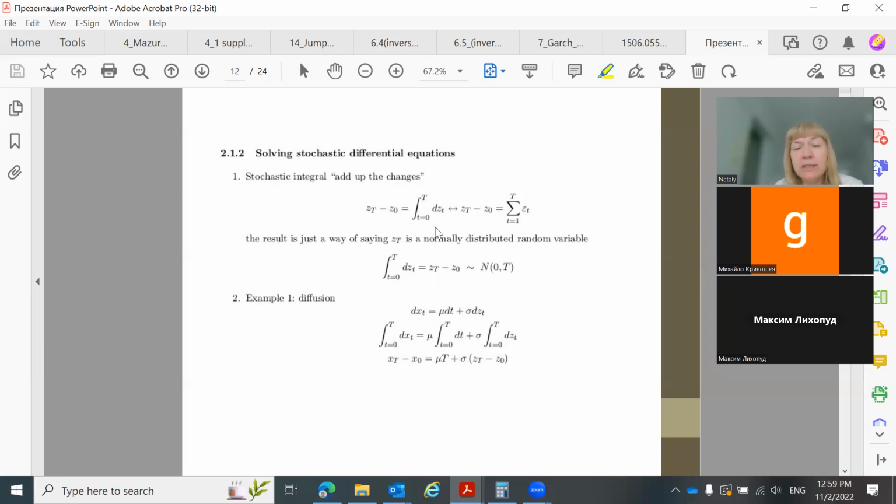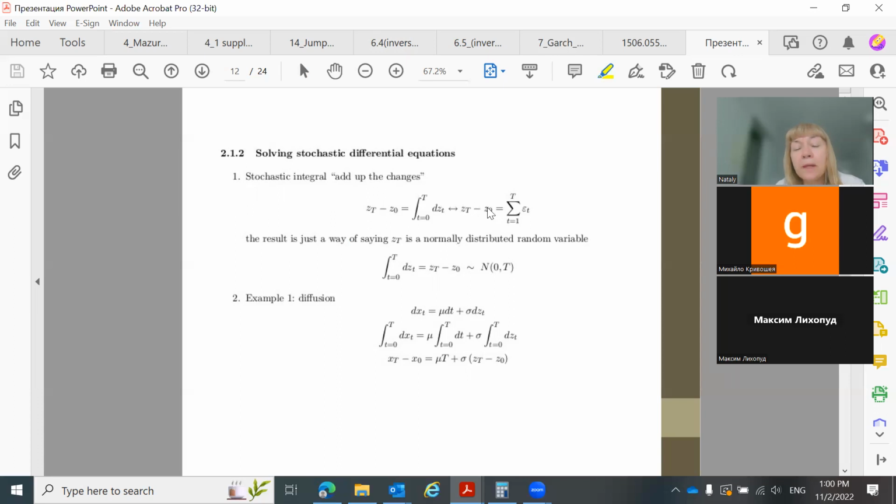We can write this as the integral of dz. Formally, it is z, where we substitute the upper value and then the lower value, and it will be formally z_T minus z_0.